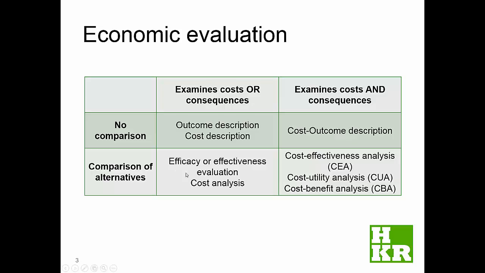So we end up with four different types of analysis. One is where we have only one alternative and examine either costs or consequences. Then we have either just an outcome description or just a cost description.